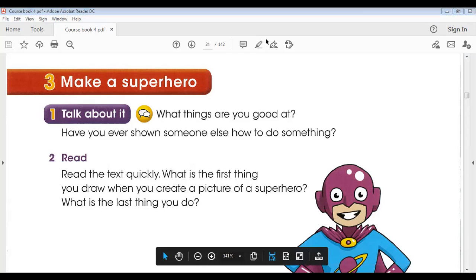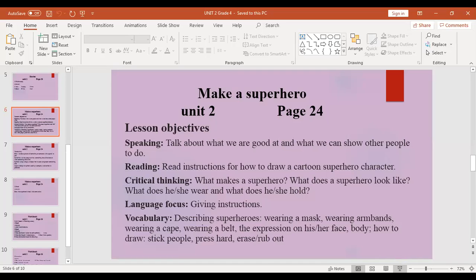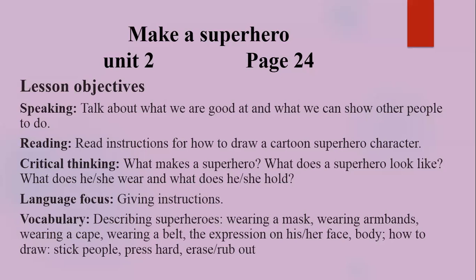Before we started the lesson, I shared the learning objectives of today's lesson, the purpose of why we are going to discuss this lesson. The objectives are speaking: talk about what we are good at and what we can show other people to do, like how we can inspire other people, and read instructions for how to draw a cartoon superhero character.